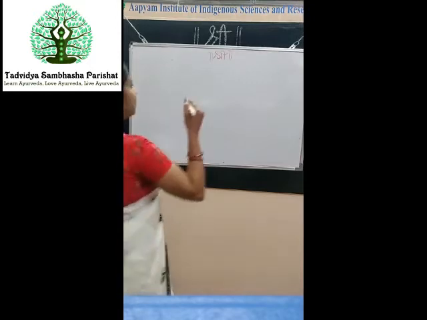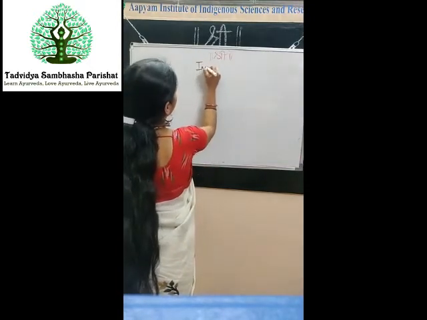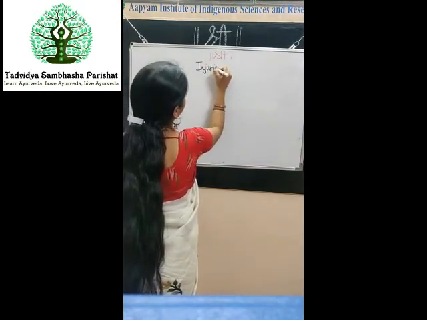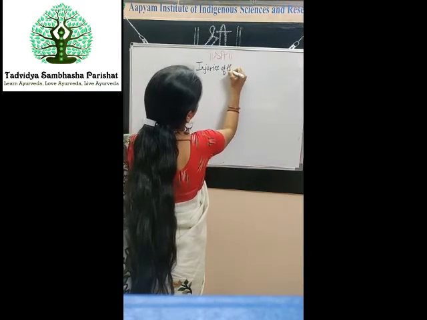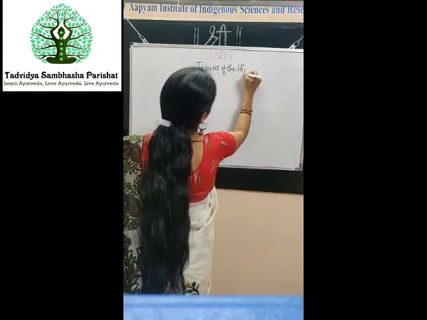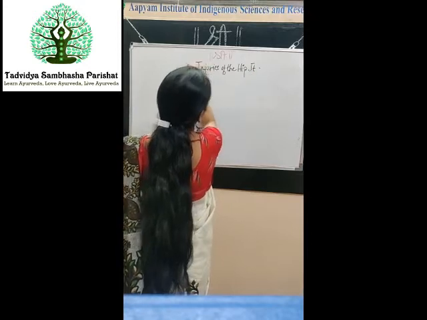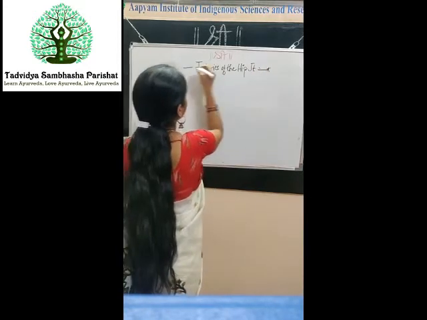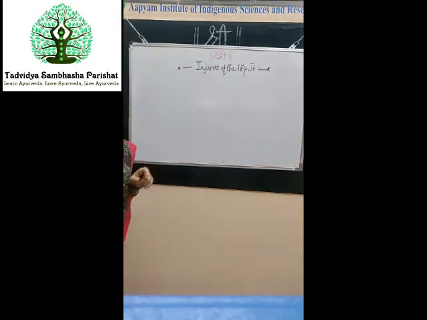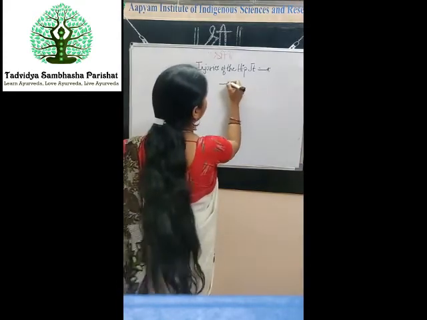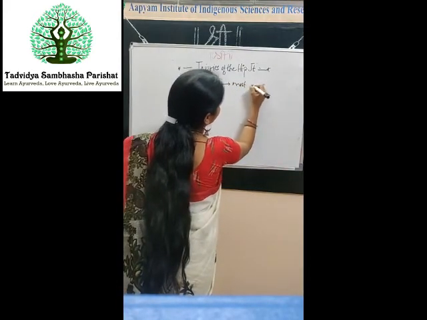So today we'll be dealing with injuries around the hip joint or of the hip joint. Now, what does this constitute?